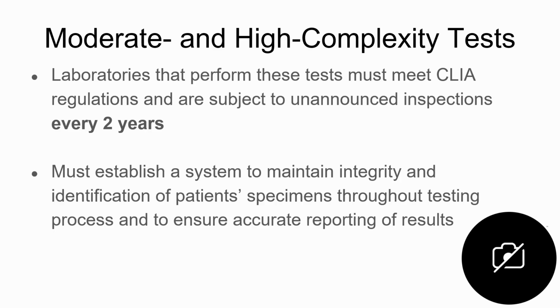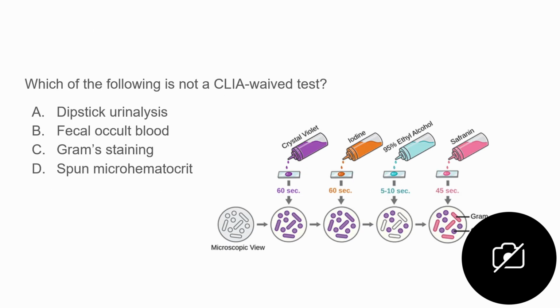It must establish a system to maintain integrity and identification of patient specimens throughout the testing process to ensure accurate reporting of results. It's been a common theme over and over again. There is almost no greater medical error than to misidentify a patient. The results could be catastrophic.